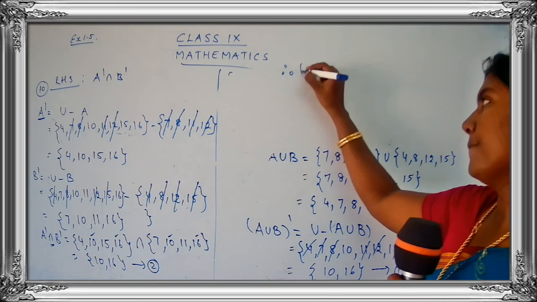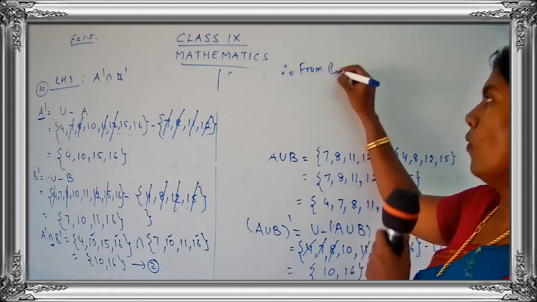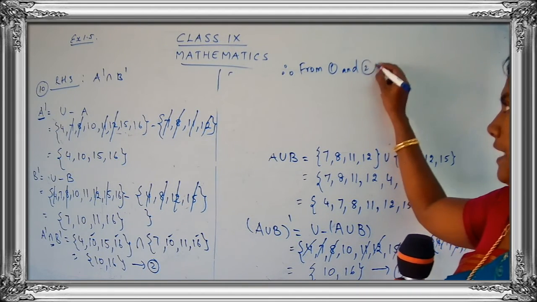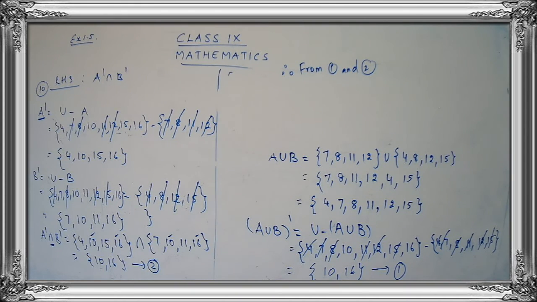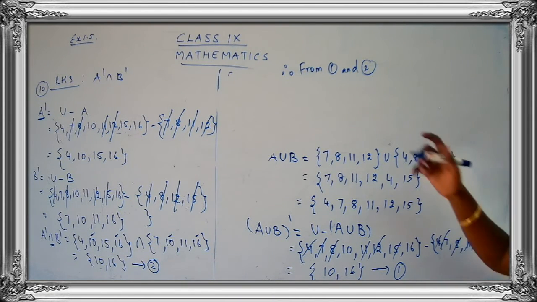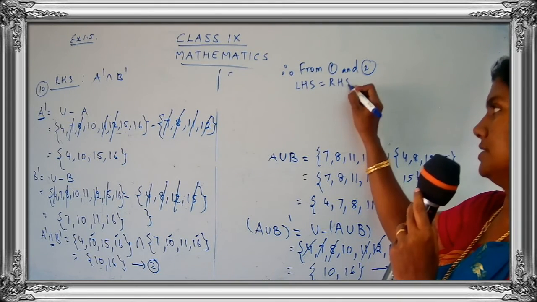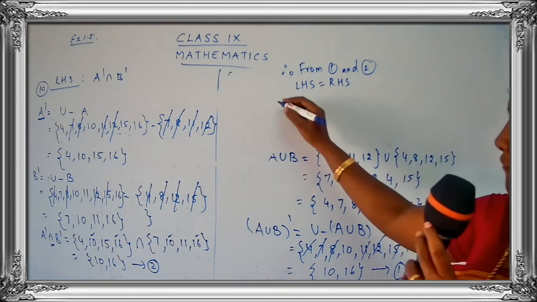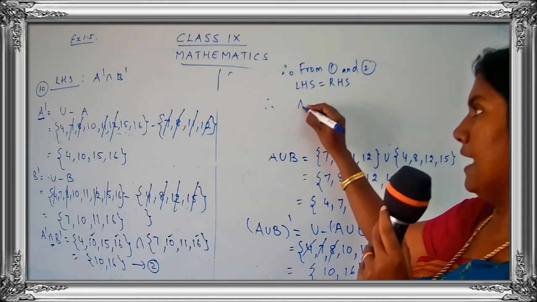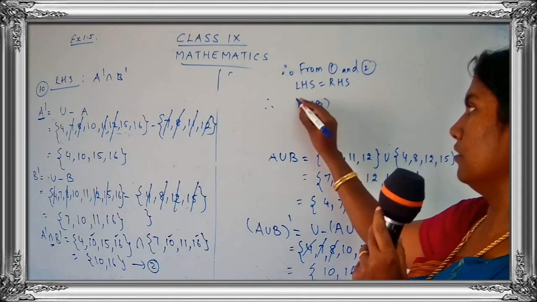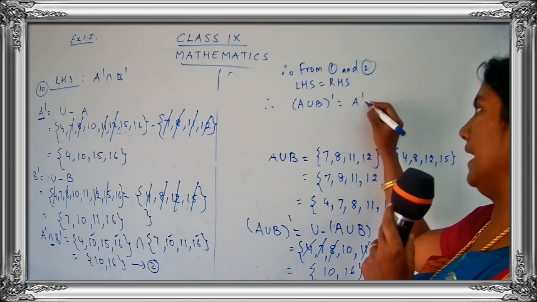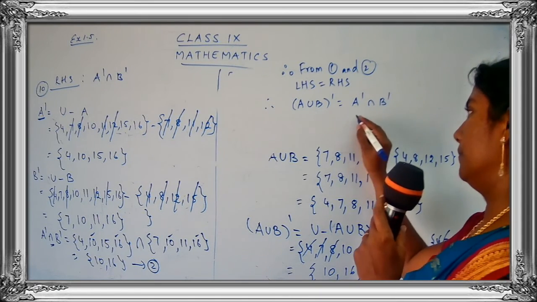Therefore, from 1 and 2, LHS is equal to RHS. Therefore, A union B, the whole dash is equal to A dash intersection B dash.